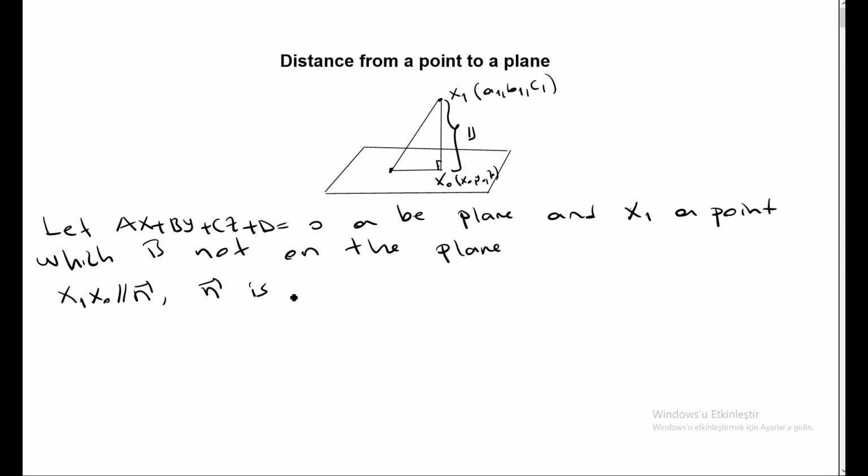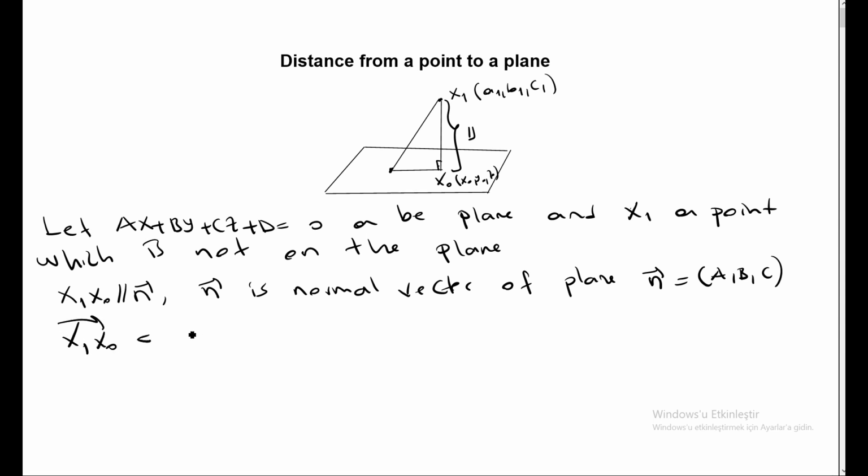N is the normal vector of the plane. So we know that this normal vector n will be A, B, C. So x1, x sub 0 will be this one.